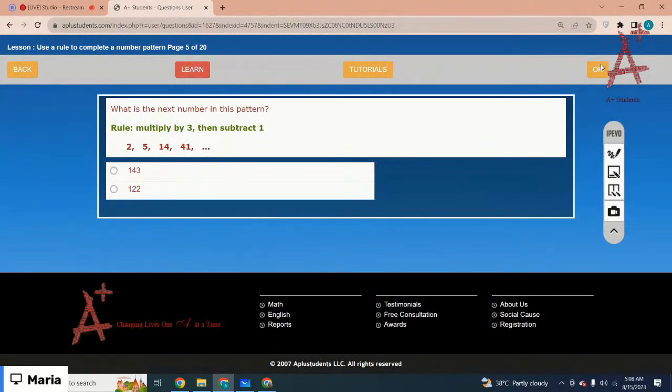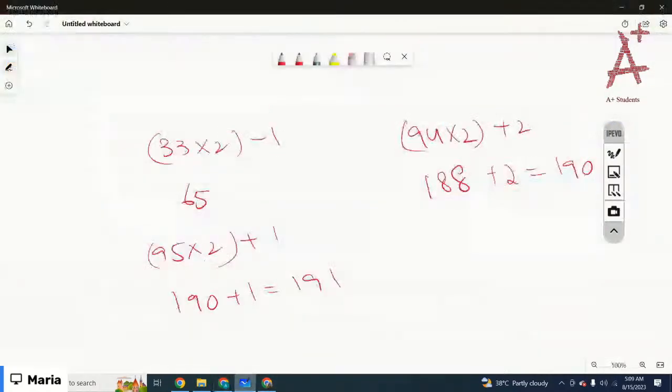Okay, what is the next number in the pattern? Multiply by 3 and then subtract 1. So you have to start with 41. Just do 41 times 3 and subtract 1.